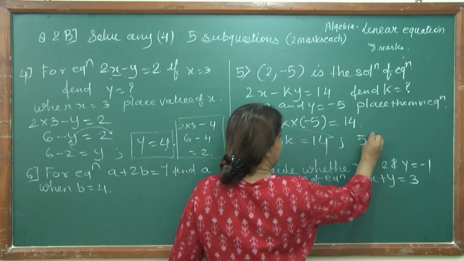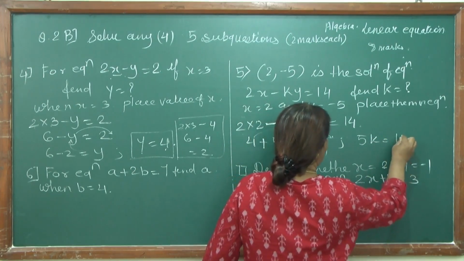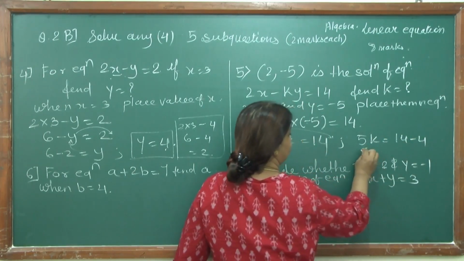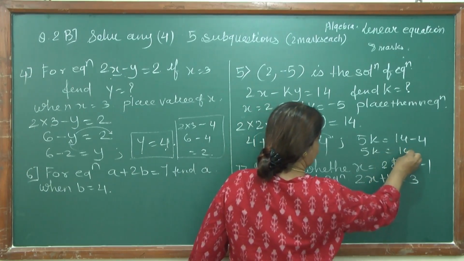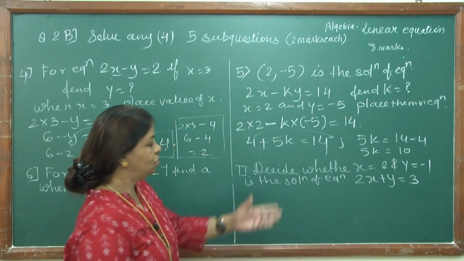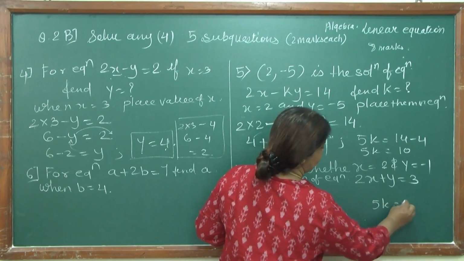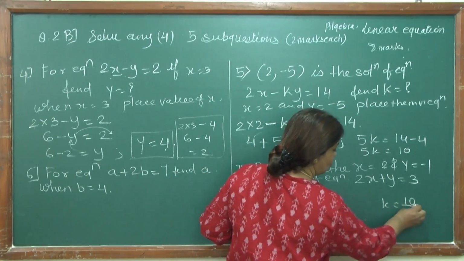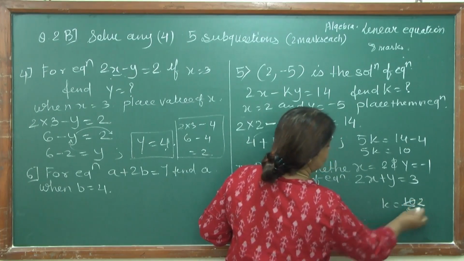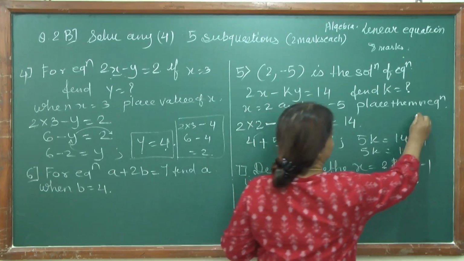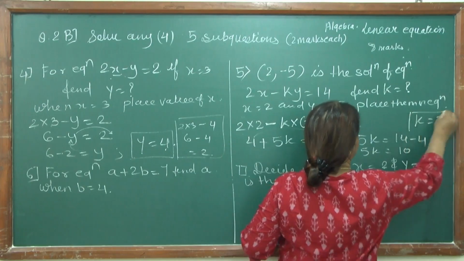So 5k is equal to 14 minus 4. So 5k is equal to 10. Now you know how to find out k value. Let me write it here, children. 5k is equal to 10. 5 will go down. 5 2s are 10. So k value you got as 2.